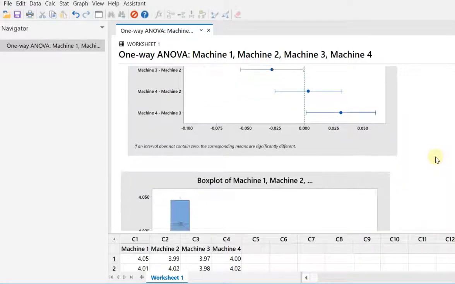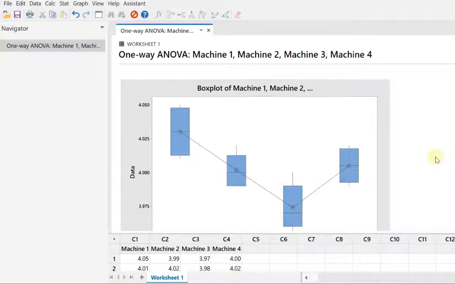Okay, and continue on. Here's a box plot of machine 1, 2, 3, 4, and so on. This is interesting, and a visual of what we just found out. If the null hypothesis was true, the means were equal, we would expect to see how this line cuts down and dips and bounces.